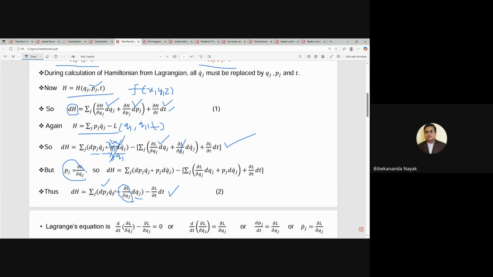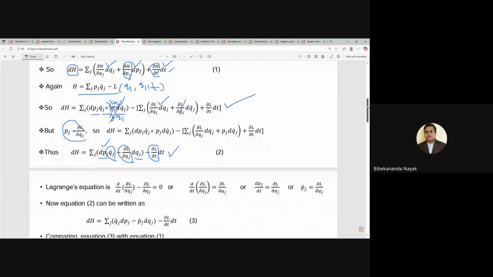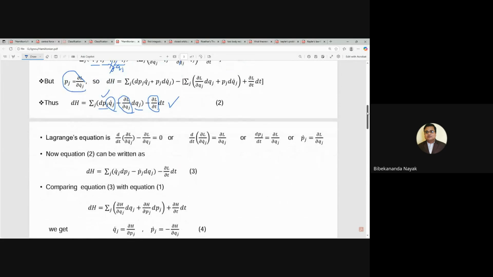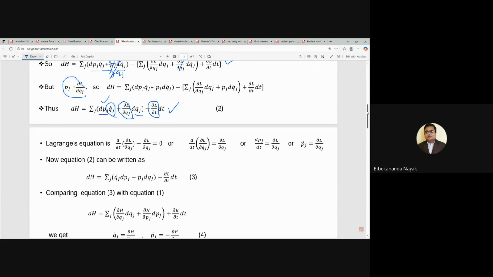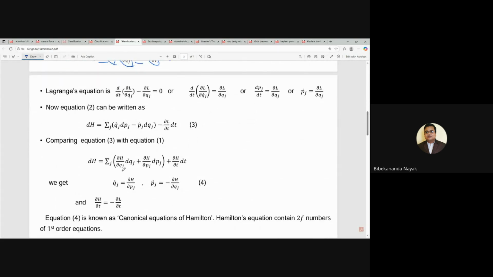Similarly, comparing the coefficient of dPj, del H by del Pj is equal to Qj dot, and del H by del t is equal to minus del L by del t. But minus del L by del Qj is nothing but minus Pj dot. So we finally get these three sets of equations: Qj dot is equal to del H by del Pj, Pj dot is equal to minus del H by del Qj, and del H by del t is equal to minus del L by del t.